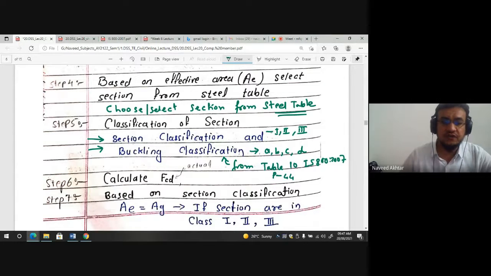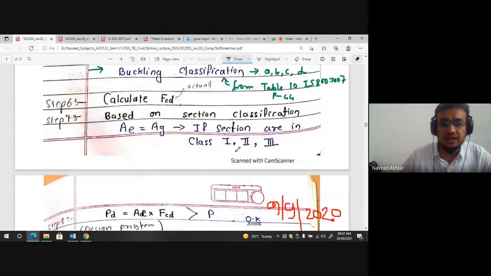Okay, so if your section is in class 1 plastic, class 2 compact, or class 3 semi-compact limit, then in that case your AE is equal to AG.